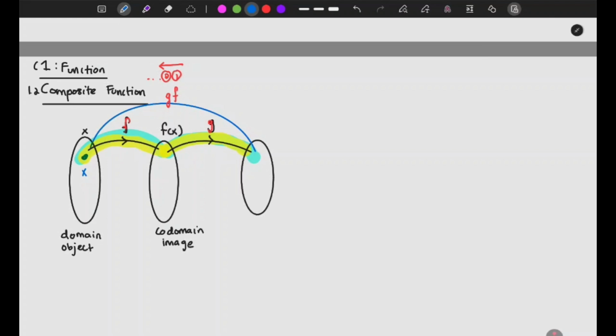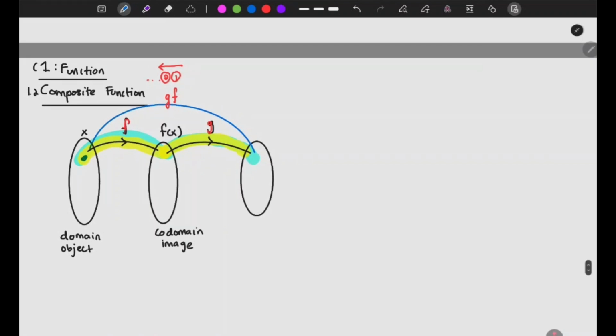I don't want to put unknowns. Maybe let's just put some numbers. 2, 4, and here is 6, for example. Okay, let's just put 2, 4, and 6.